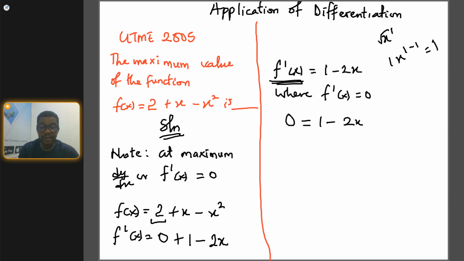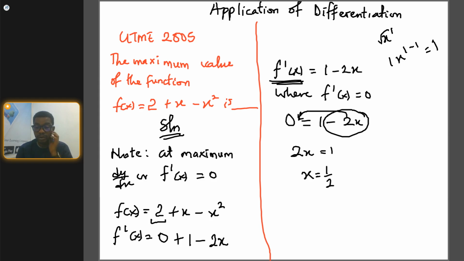By collection of like terms, if this moves to the other side, we have 2x equals 1. That is x equals 1 over 2. So x has been solved, and we obtain the value of x to be 1 over 2. And that is the maximum turning point.